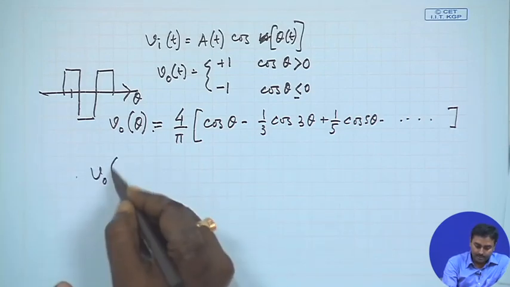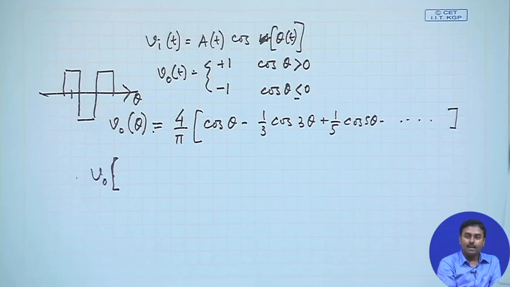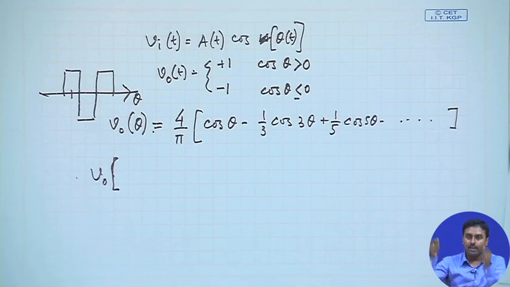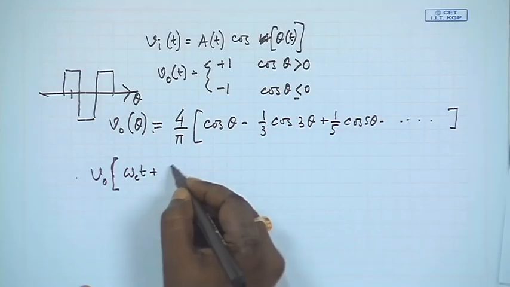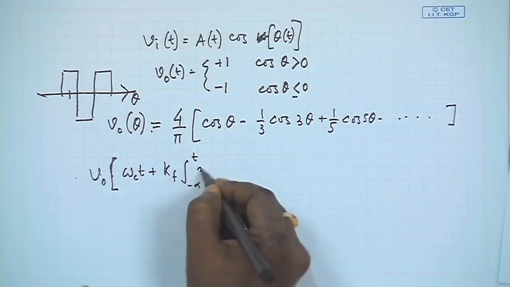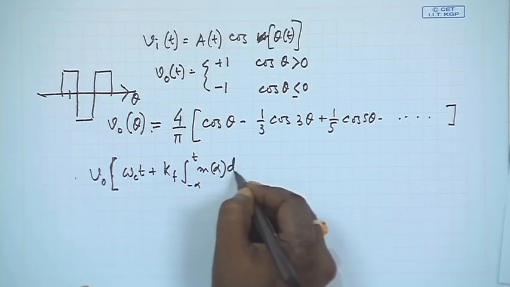Now, I can write what this theta is. This theta(t) is actually the overall FM modulated thing plus the carrier part. Let us approximate that. This is actually omega_c t plus, let us say, k_f times the integral from minus infinity to t of m(alpha) d alpha.